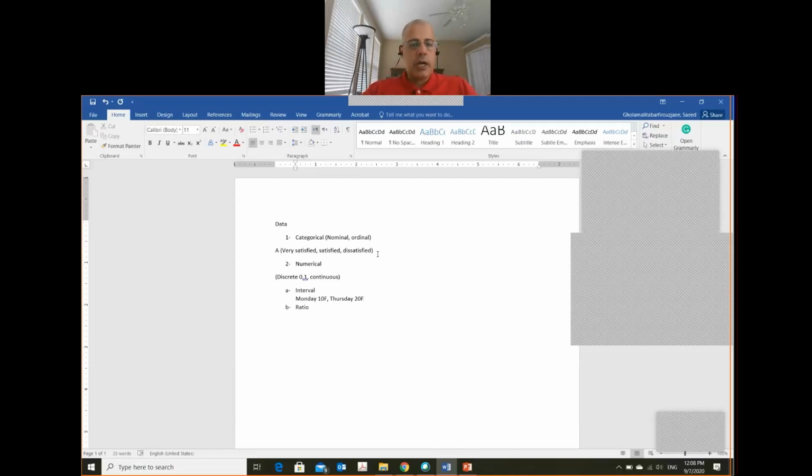We know that 20 Fahrenheit is bigger than 10 degrees Fahrenheit, and one advantage of this variable over a nominal variable is that we can measure the difference: 20 minus 10 equals 10 degrees Fahrenheit is the difference between these two temperatures.